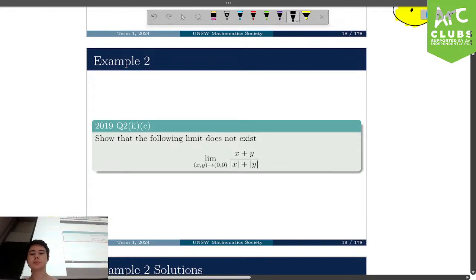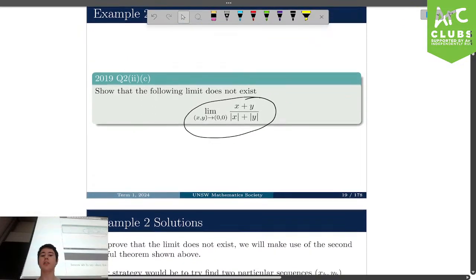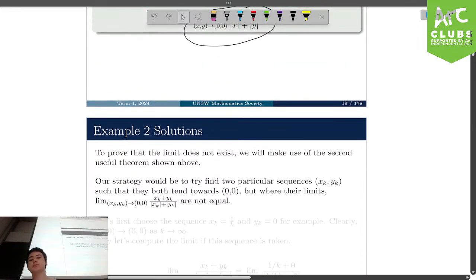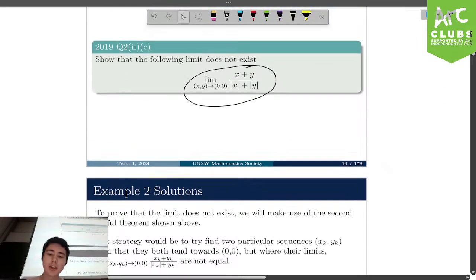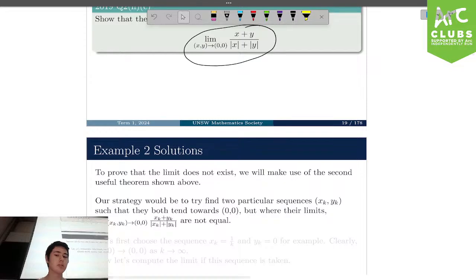And so, let's consider what this limit really tells us, okay? The limit as your point goes to (0, 0) of (x plus y) over (the magnitude of x plus the magnitude of y). Quite trivially, we know that this limit doesn't exist because the question is telling us to prove that it doesn't, but also because intuitively, sequences of numbers exist such that the limits are different, okay?